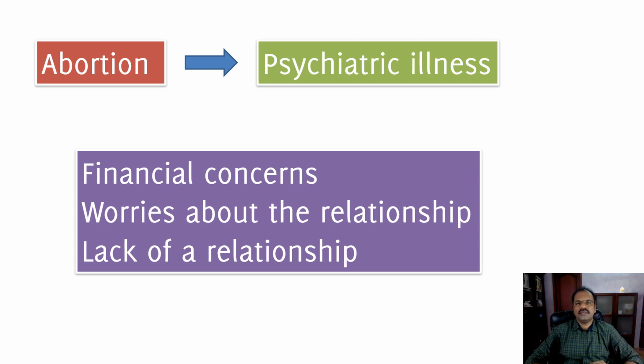But again, in this particular study, as pointed out by some of the subsequent authors, there was the possibility of some confounding factors. For example, factors like financial concerns, worries about the relationship, lack of a relationship.